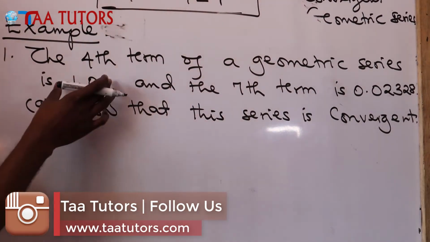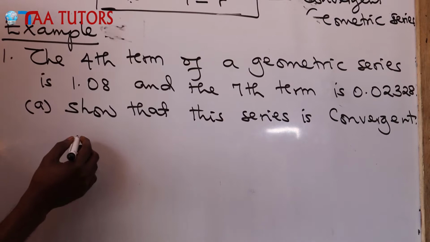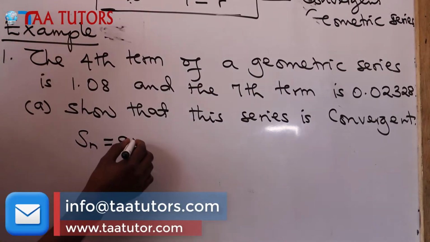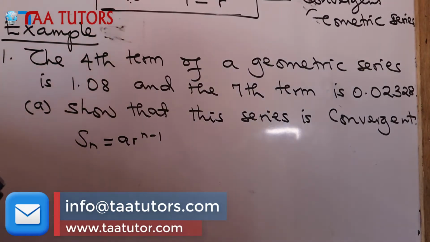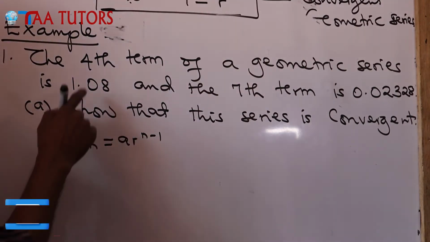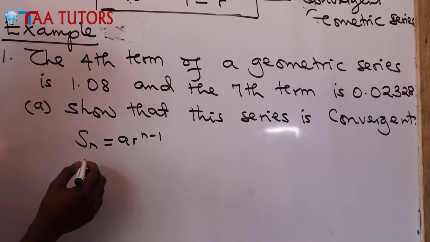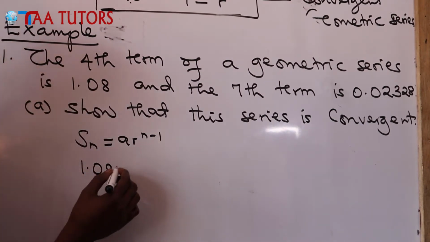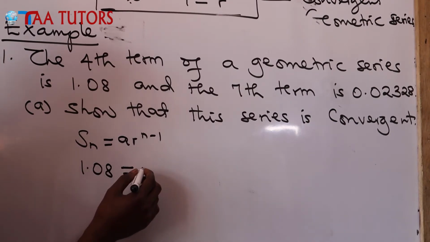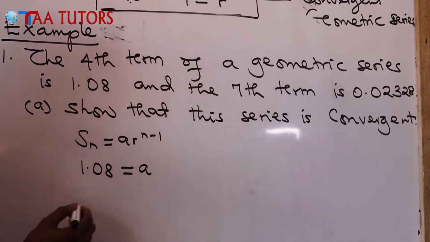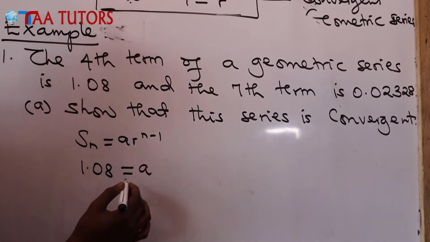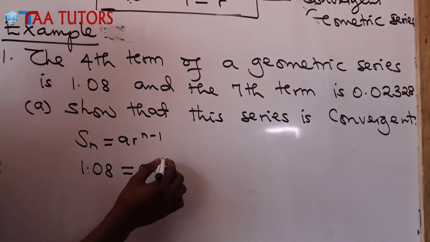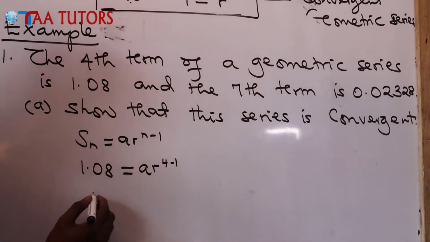So here we know that the nth term of a series is A r to the power n minus 1. That's what we know for series. So if the fourth term is 1.08, equals A r to the power 4 minus 1, we don't know A, we also don't know r.